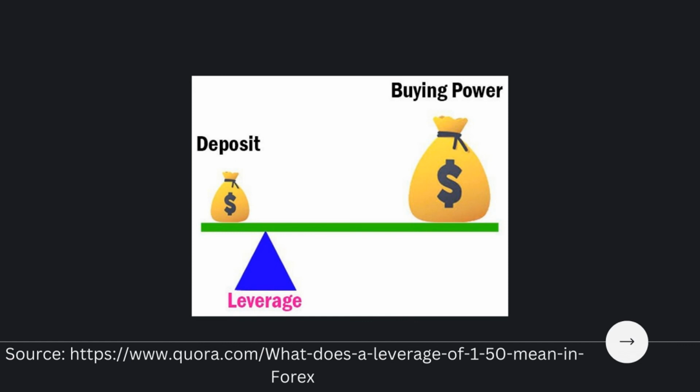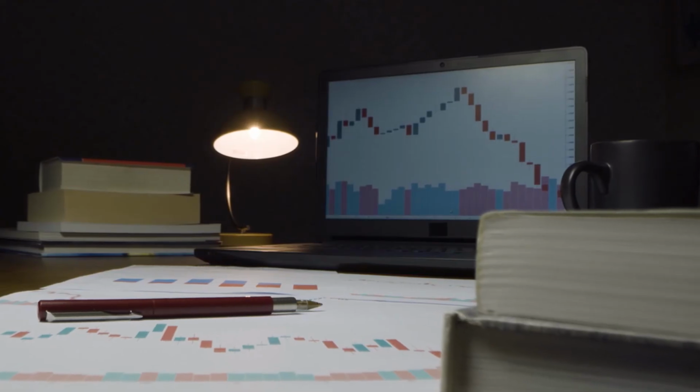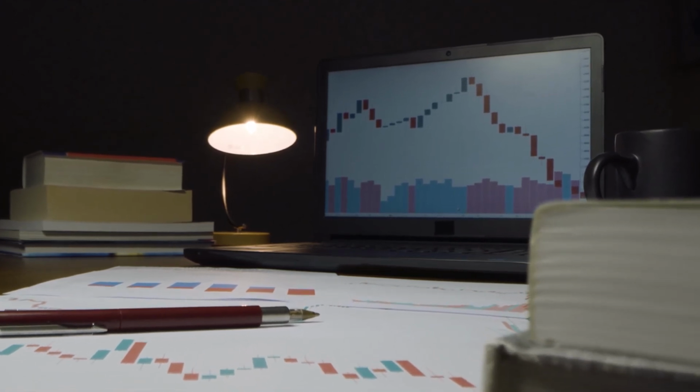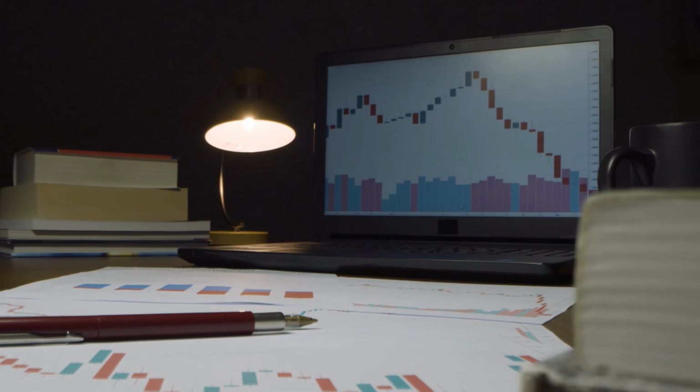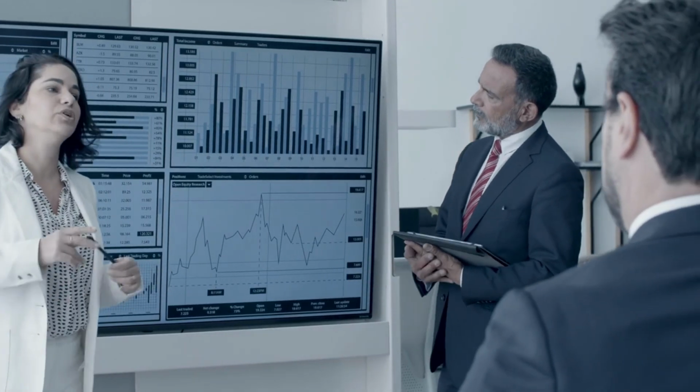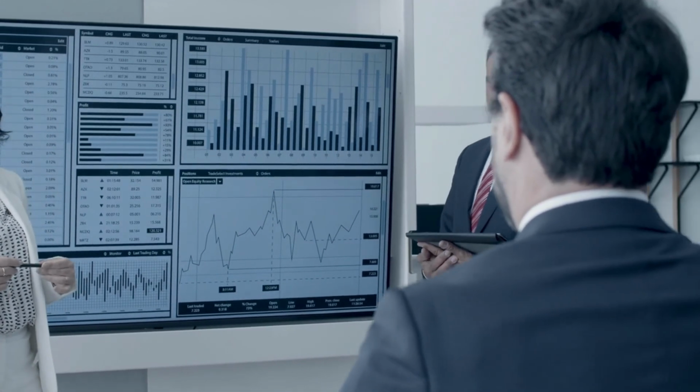The main task of leverage is to multiply your trading potential, as now with a small deposit, you are able to trade large lot sizes with your account. Understanding how margin trading and leverage works is so important that I have dedicated a whole video to it later in the course. It is a must watch if you don't want to blow up your account.